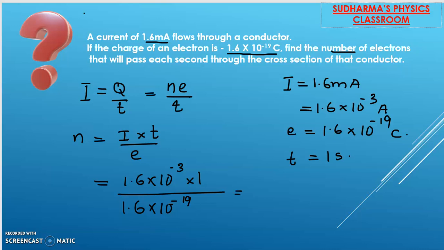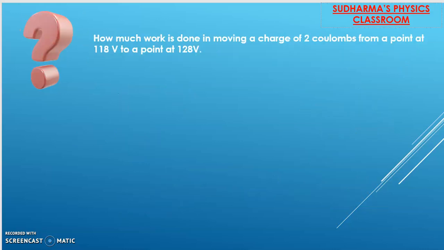So 19 plus minus 3 gives you 10 power 16. So the answer is 10 power 16 electrons. There is no unit for this because it's the number of electrons. So practice this question also.